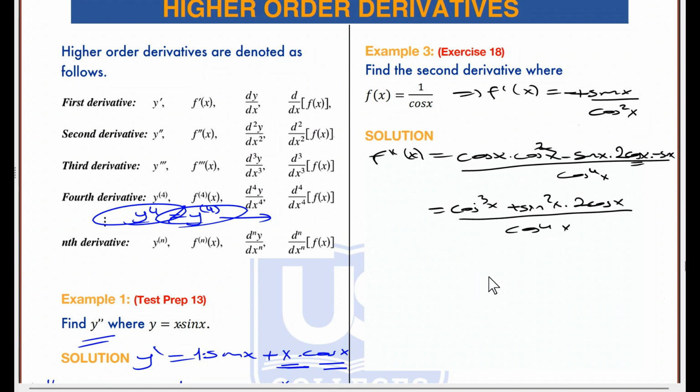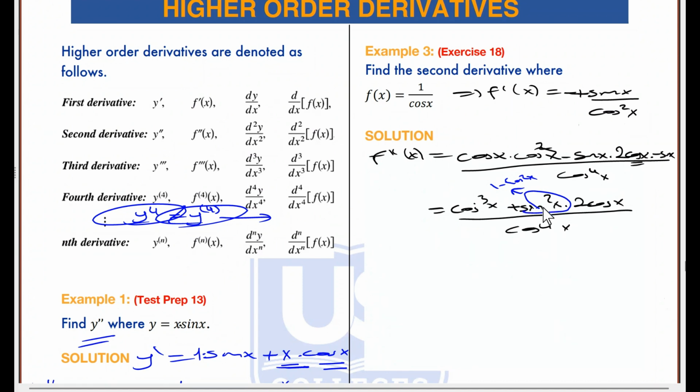The rest is simplification. I don't think I will see this in the options, so I should simplify this more. I can rewrite sine squared as 1 minus cosine squared, right? Remember the trigonometric identity saying sine squared plus cosine squared equals 1. So sine squared is 1 minus cosine squared.